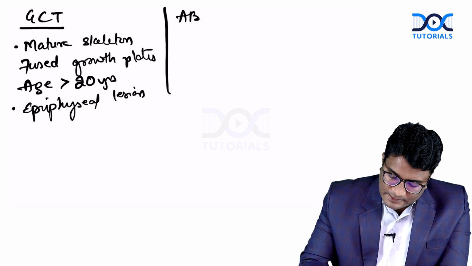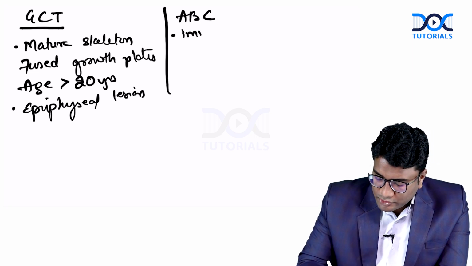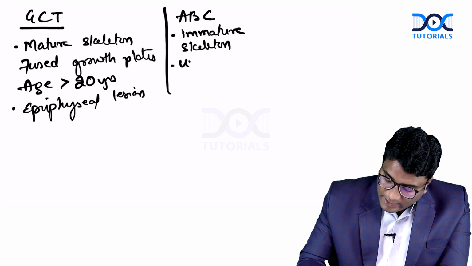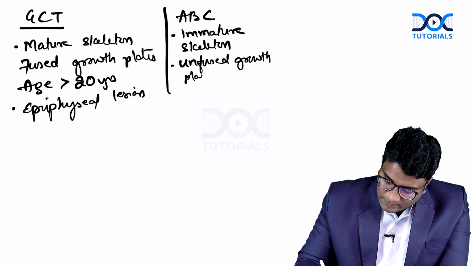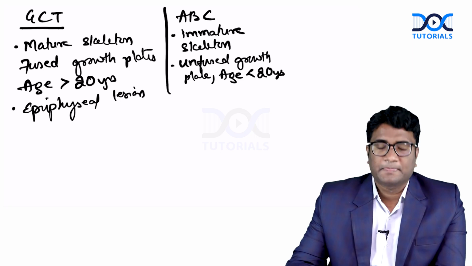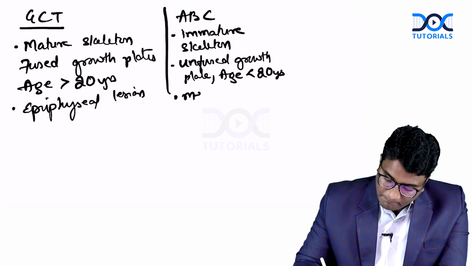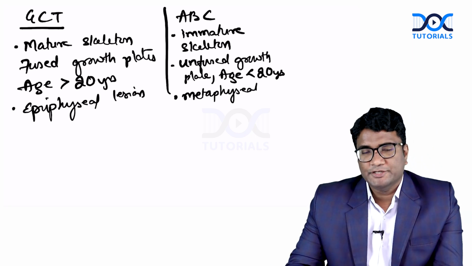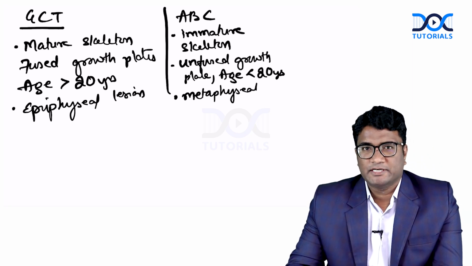Aneurysmal bone cyst occurs in an immature skeleton. That means you will have unfused growth plates, and age usually will be less than 20 years. Aneurysmal bone cyst is a metaphyseal lesion. GCT is an epiphyseal lesion and aneurysmal bone cyst is a metaphyseal lesion.